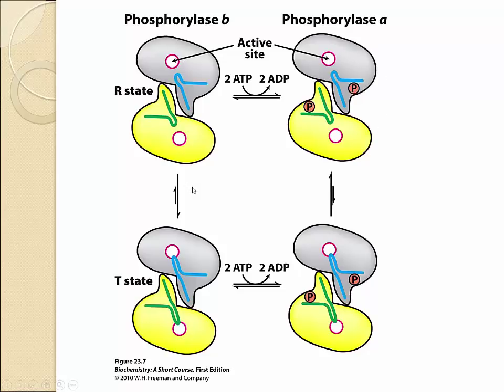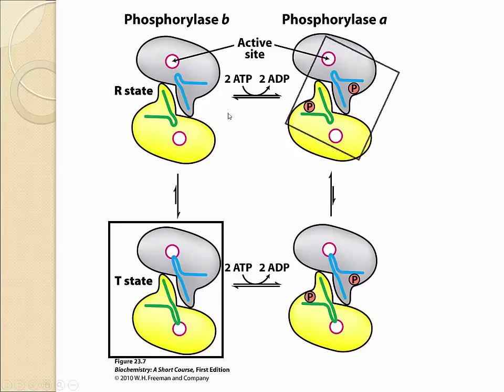Phosphorylase B, on the other hand, if we look at the equilibrium arrow, shows a very strong favor to T. So phosphorylase B favors the T state. And notice the T state is inactive. And one way that's being shown is we see occlusion of the active site. Okay, so we see this blocked active site. So phosphorylase B prefers the T state.